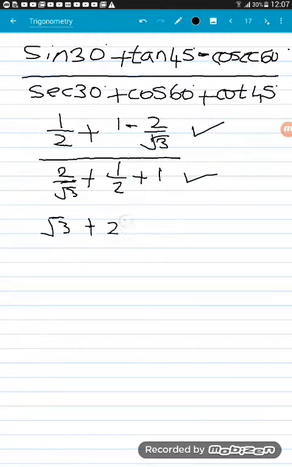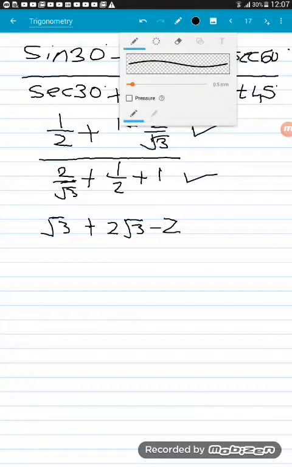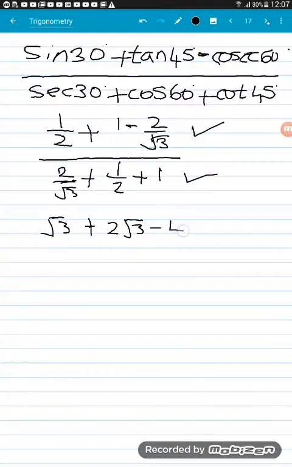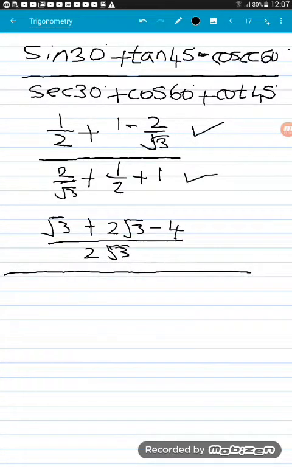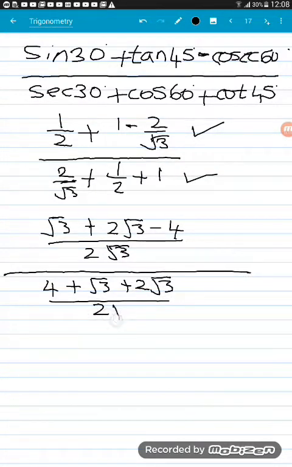plus 2 root 3 minus 4 minus 4 by 2 root 3, and the other one is 4 plus root 3 plus 2 root 3 by 2 root 3.